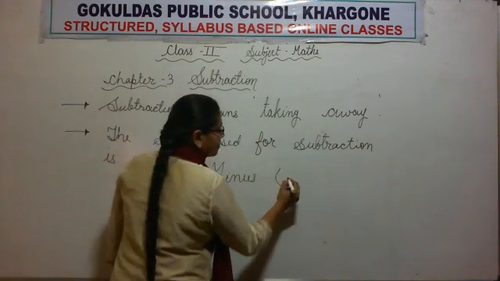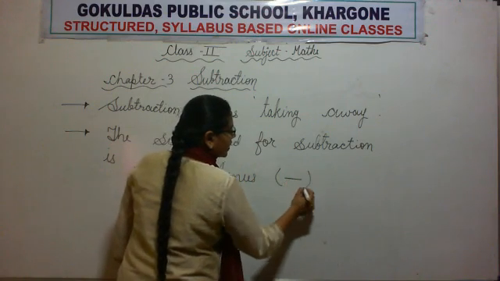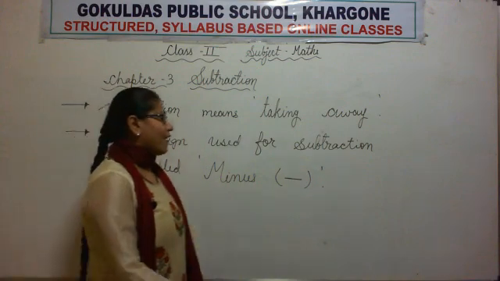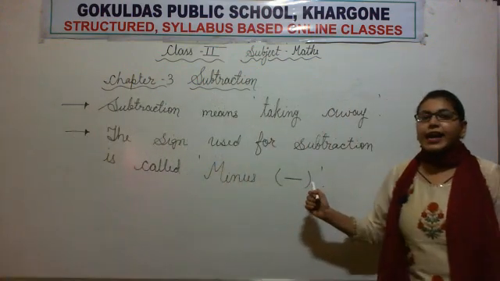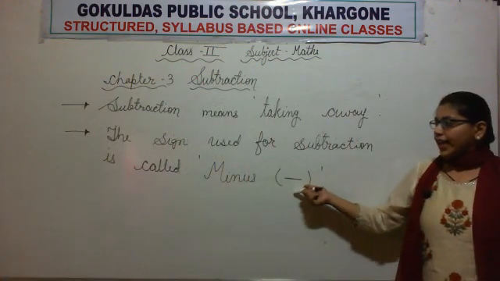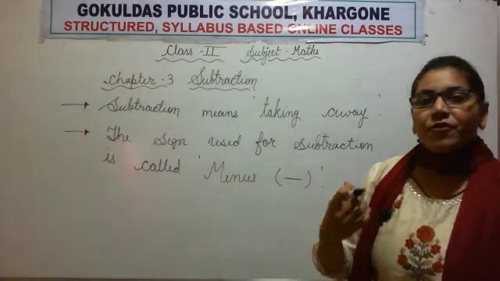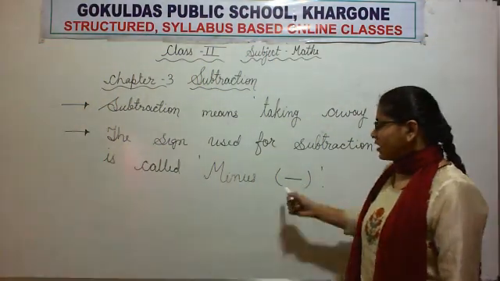And how we represent it? We represent it by this dash line. So remember, whenever we will see this sign, we will call it minus. And whenever we need to subtract anything, we will use this sign.